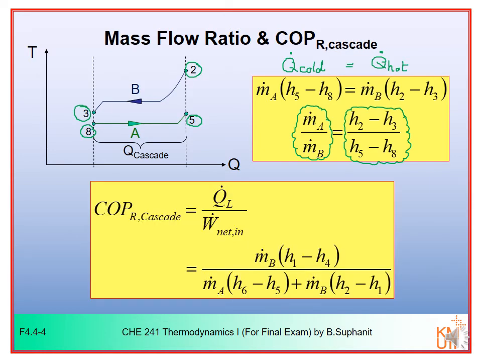And the COP of the overall cascade cycle can be calculated from the same definition that we have learned before. It would be what we get divided by what we give. What we get would be QL.